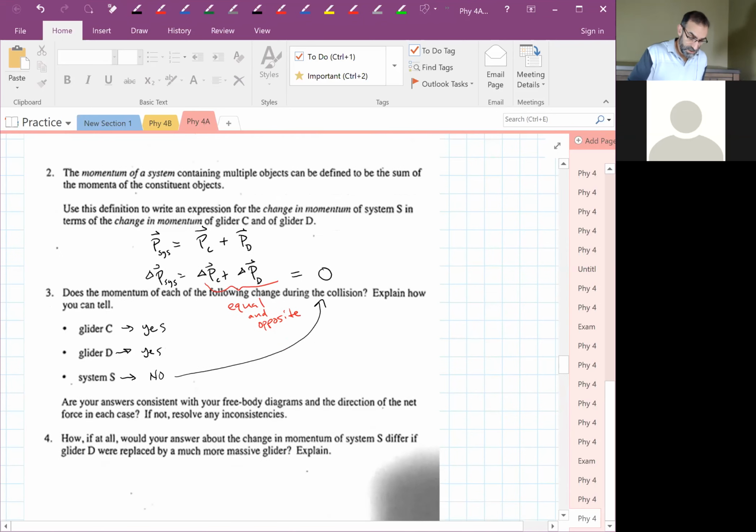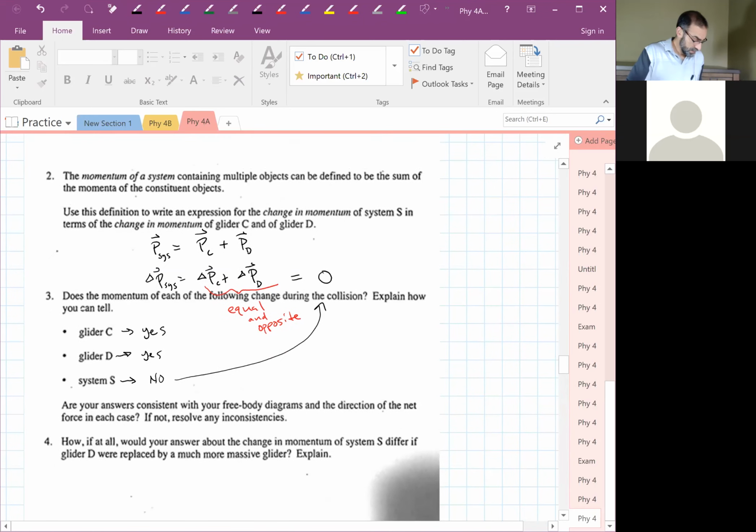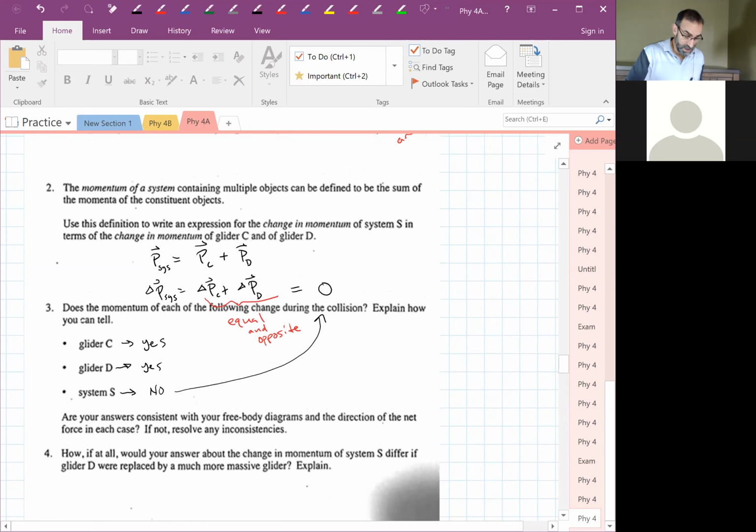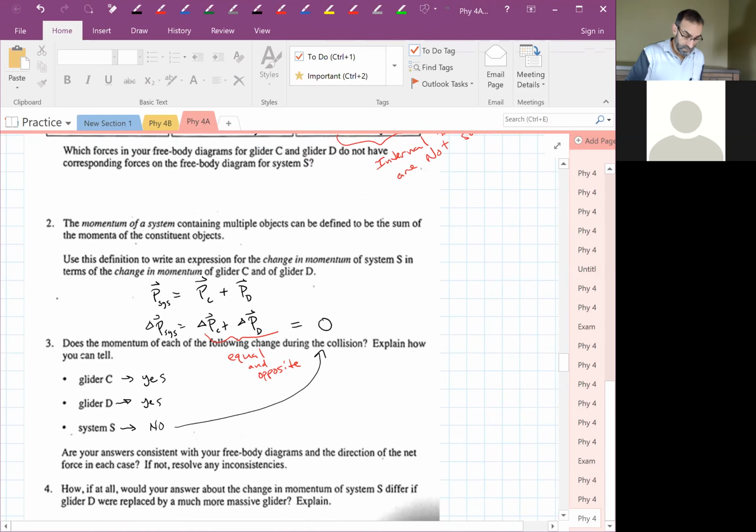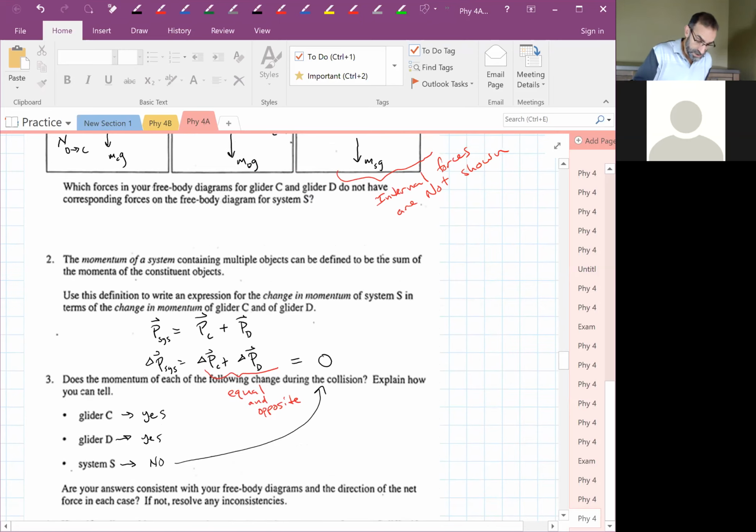Now I want to think about the net force on each of these, or are we going to come back to that later? So is there a net force on C during the collision?